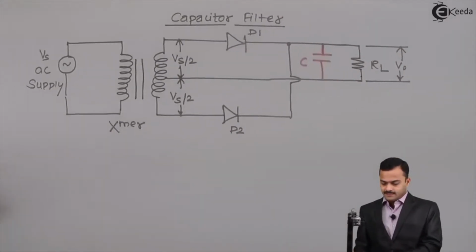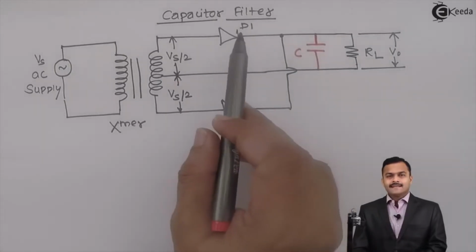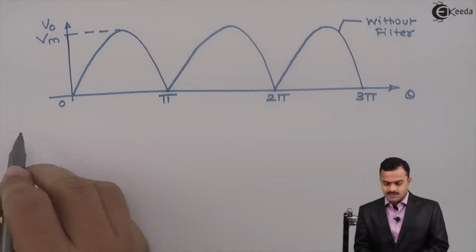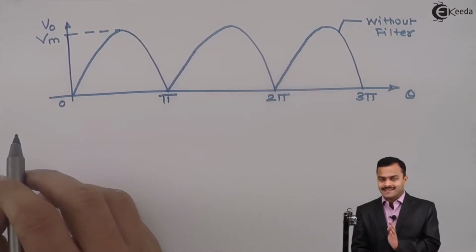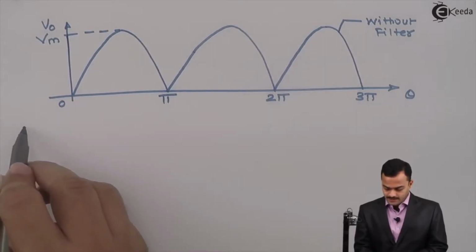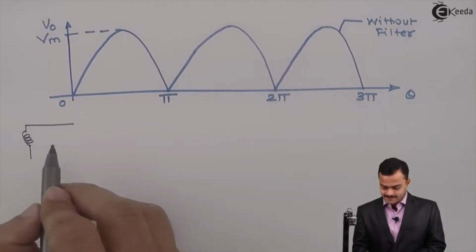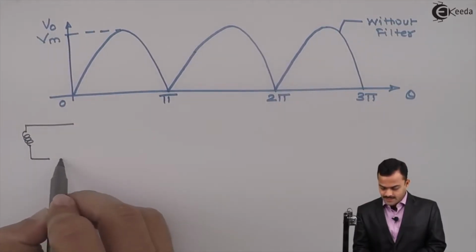What does that indicate? When diode D1 operates. So during positive half cycle, diode D1 forward bias, D2 reverse bias, hence the resultant circuit will be like this. So I am starting from a secondary of a transformer only. So diode D1 conducts, but D2 reverse bias.